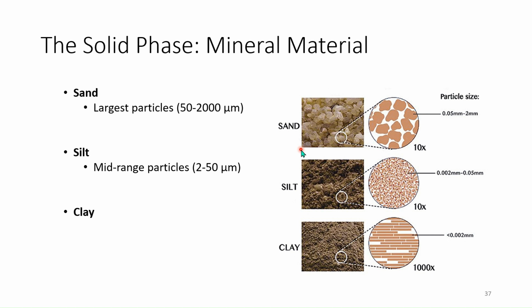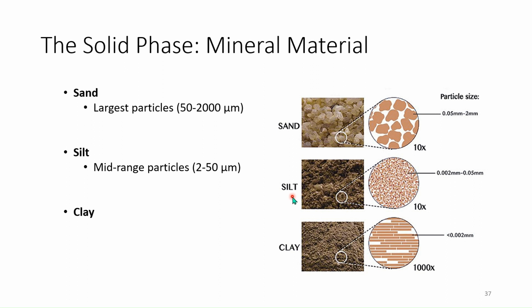Silt, on the other hand, is 2 micrometers to 50 micrometers. So it's a lot finer. You're not going to find it so much on the beach. You might find it in certain soils. You can see some texture to it. This is dry, but when it's wet, you'll still be able to see a little bit of texture, a little bit of different colored particles in there that you can identify with your eye.